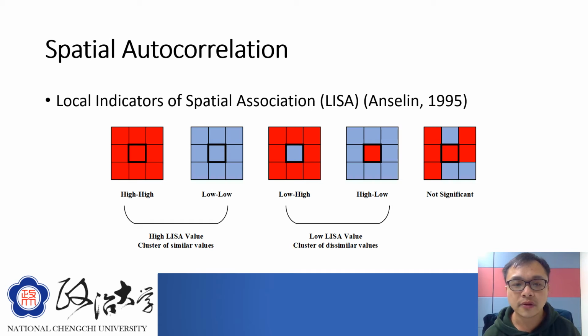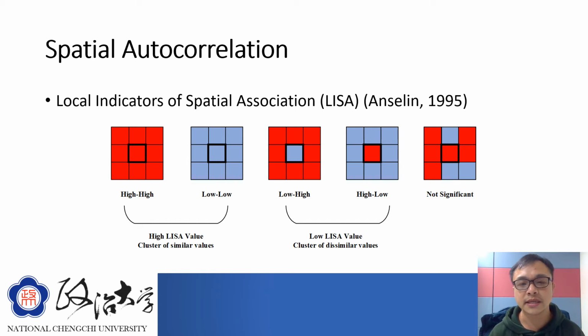The tricky part is low-high. If you look at low-high, you have blue in the middle: a very corrupt country surrounded by not corrupt countries. Usually this is very unusual. We'll see later that these scenarios are unusual for low-high and high-low. High-low is when you have a less corrupt country surrounded by a lot of corrupt countries.